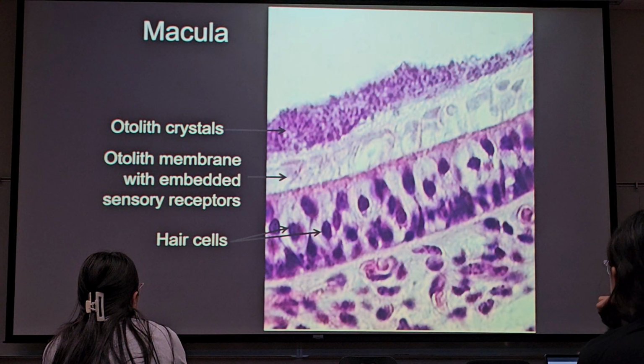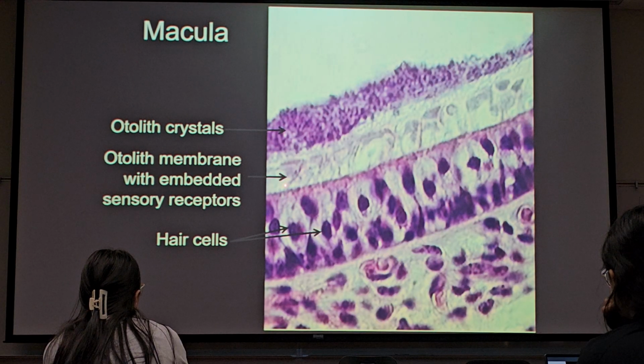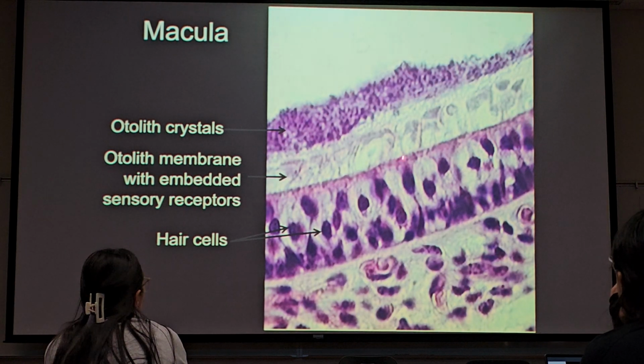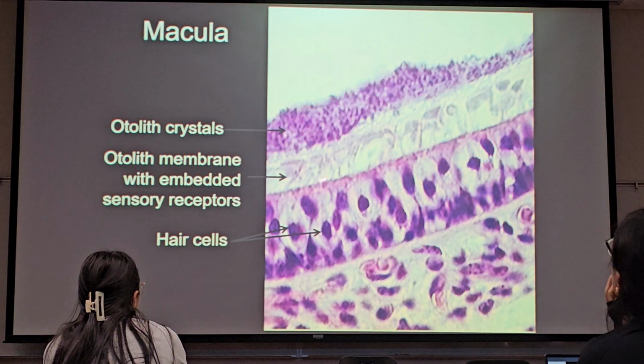Let's look deeper into these things. So here is the macula, histologically, the hair cells, the sensory receptors. Those kinocilia and stereocilia are embedded in this otolith membrane that sits on top of those hair cells.